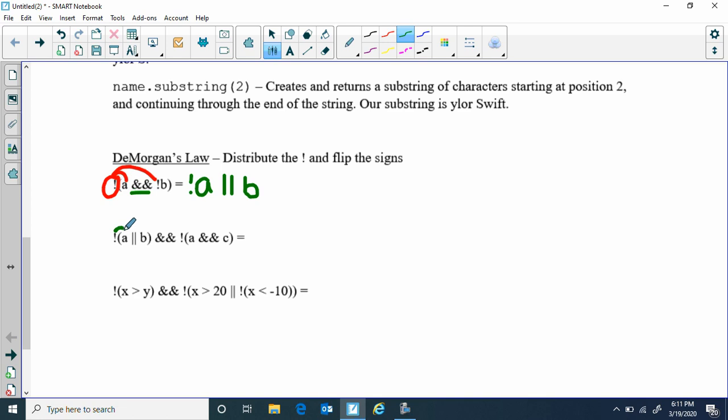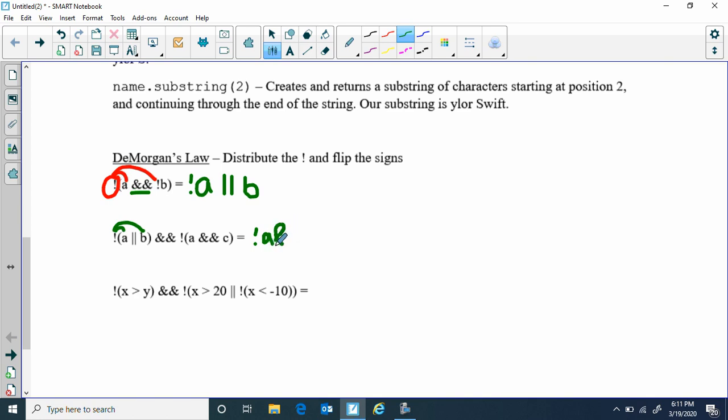Same thing here. We distribute our not and flip our symbol in the middle. Now we only do this as far as our parentheses go, so we don't go all the way over here. We just do it to the A and the B. So we will have not A. The ors become ands.